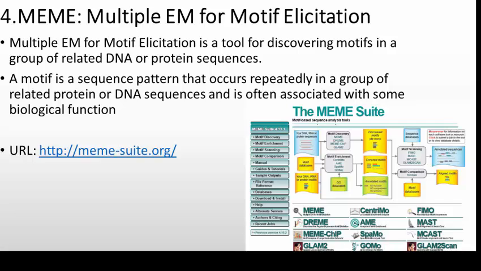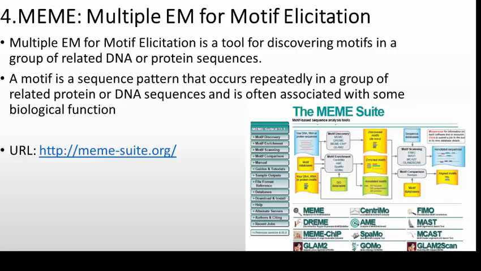For example, if we have a new sequence and we search it in the PROSITE database, it may not give any result. Similarly, if we search a protein family database, then again it may not give any result because our sequence is new. Then we will use this type of tool to find the motifs in our sequence.